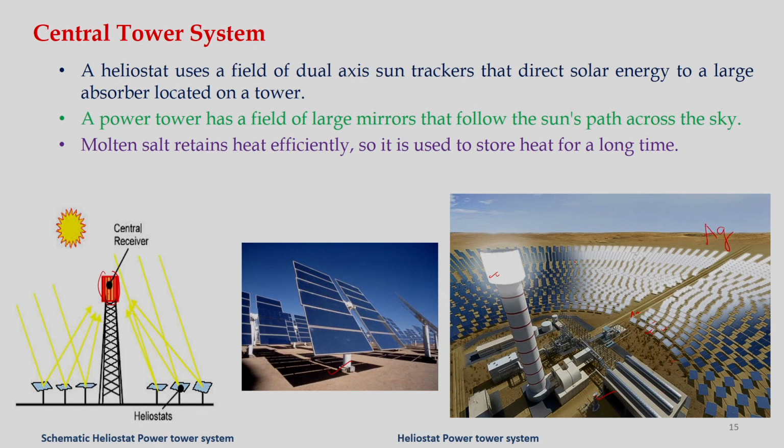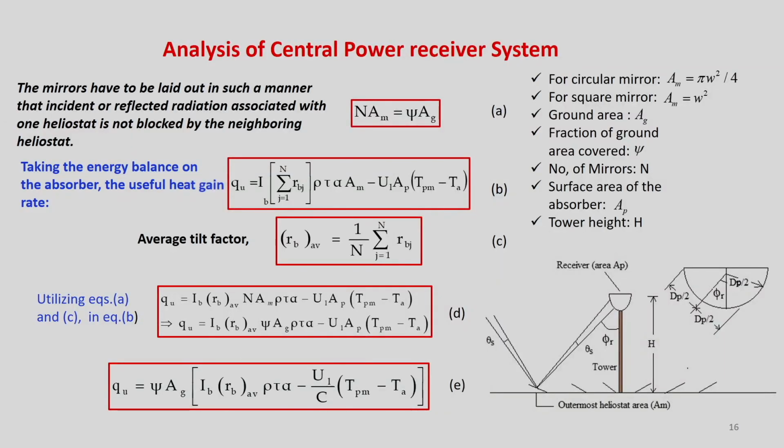and if the gap we maintain is also measured, then we can incorporate the gap factor xi, and write this expression: n into am is equal to xi into ag. What is n? n is the number of mirrors, am is the area of a single mirror, ag is the ground area, and xi is the fraction of ground area covered by the heliostats.